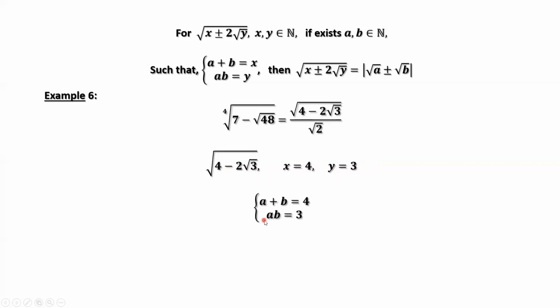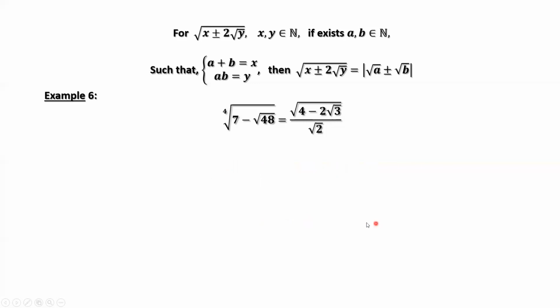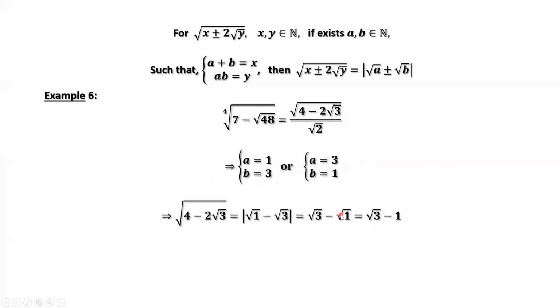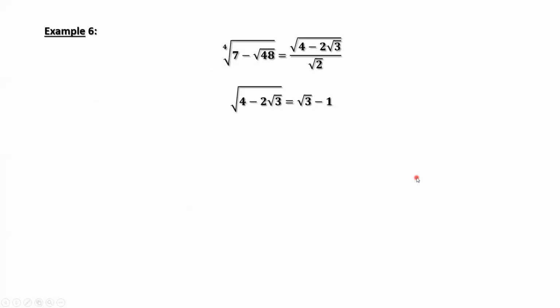We find a equals 1, b equals 3, or a equals 3, b equals 1. We have the result for the numerator, which is square root of 3 minus 1. Replace this part by square root of 3 minus 1.